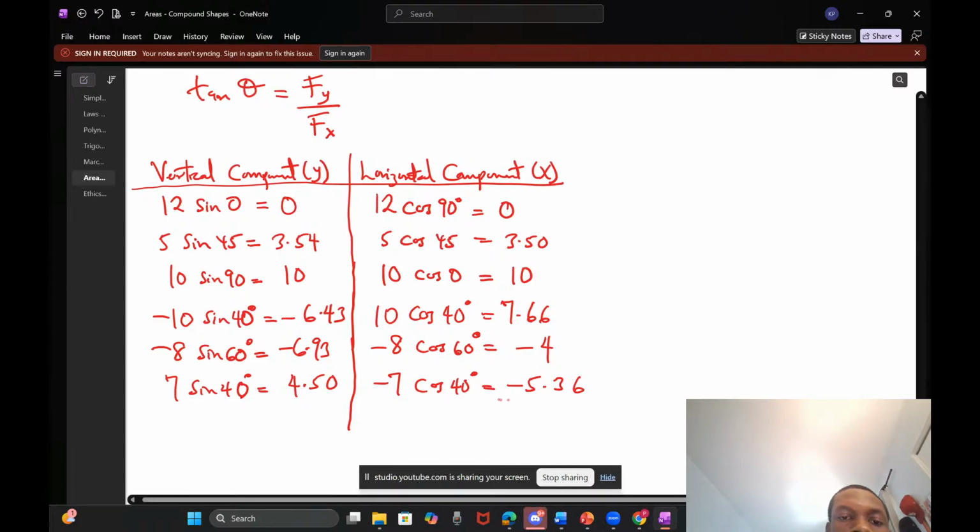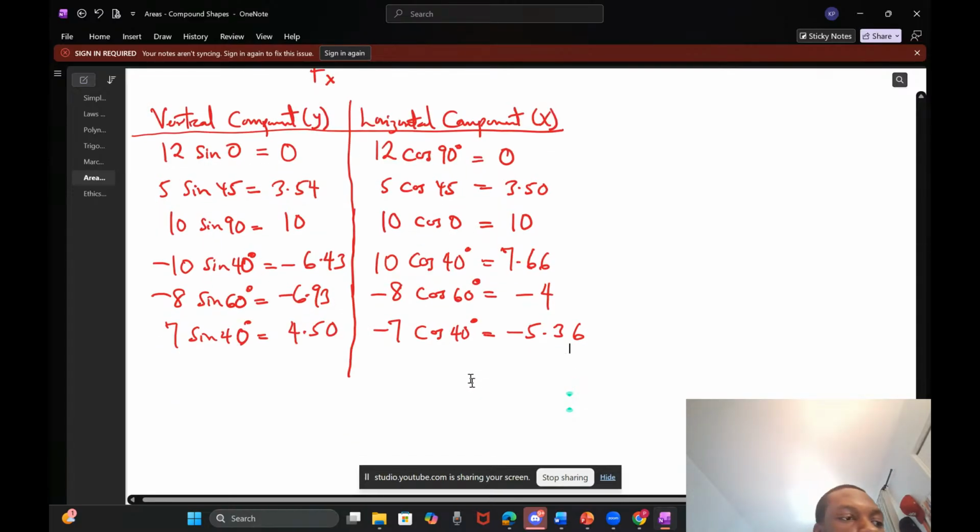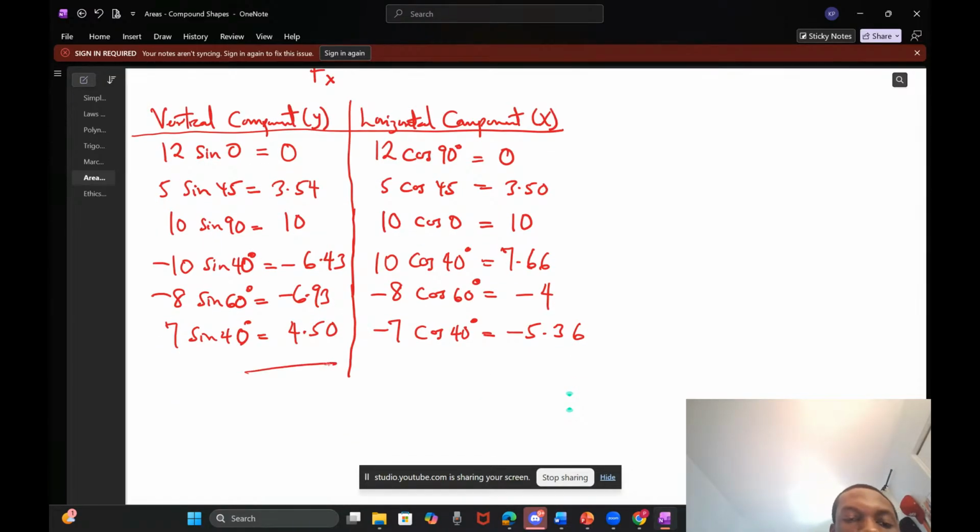Okay, so now we are going to add up everything. We add up the vertical component and add up the horizontal component. So we have 3.54 plus 10 plus 4.5 equals 18.04. Then minus 6.43, then minus 6.93. So in this case, the summation of Fy is 4.68 newtons.